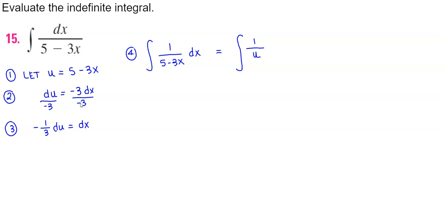And we also know that dx is equal to negative 1/3 du. So that's times negative 1/3 du. So therefore, we're going to factor out the constant, which is negative 1/3, and then we end up getting 1 over u du.